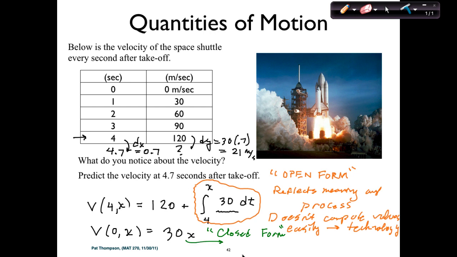What's the advantage to this velocity function, the fact that it's 30 times x? Easy to compute. And we can even do it in our head. I could just give you values of x and boom, boom, boom. You'd just be spitting out values of velocity without even using a calculator. So this computes results quickly and efficiently.